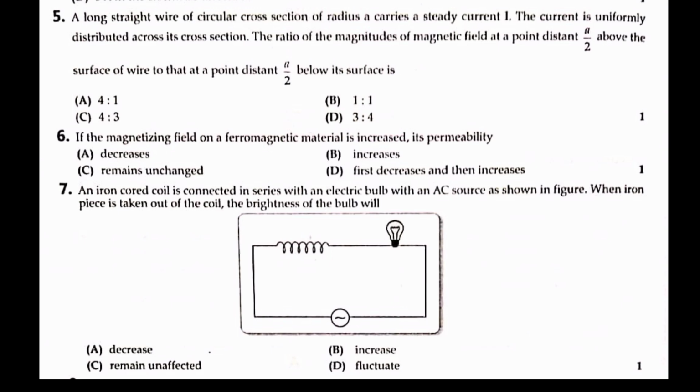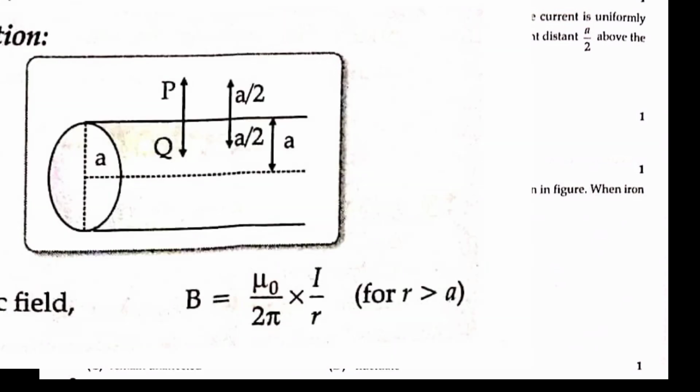First of all we can mark it with a diagram. We can consider the diagram, and here we have a circular path and current I is passing through it. It has an area of cross section A. Now we have to consider 2 points, P and Q. P is just above, at a distance A by 2 from the surface of the wire.